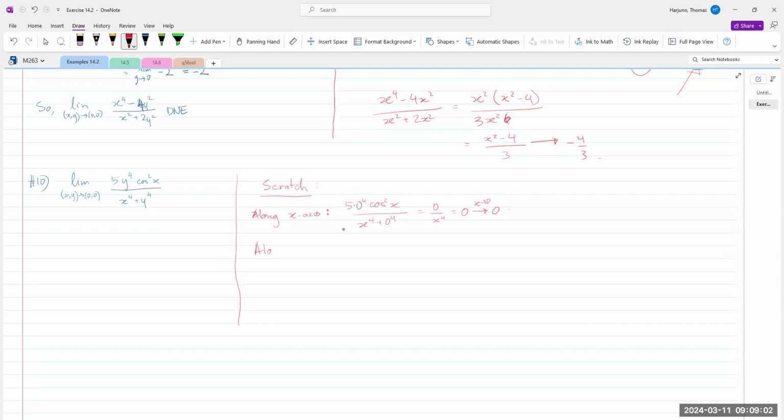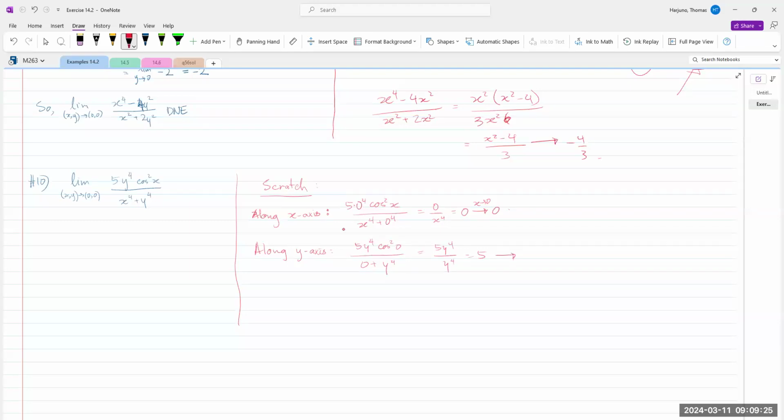If I go along the y-axis, then I set my x equal to 0, right? But cosine 0 is 1, right? So 5y to the fourth over y to the fourth. That's 5.